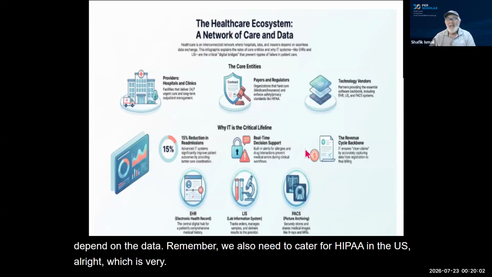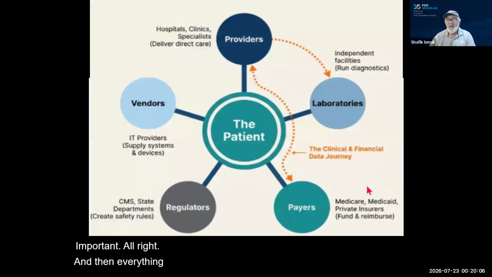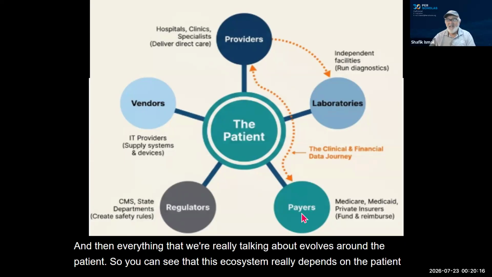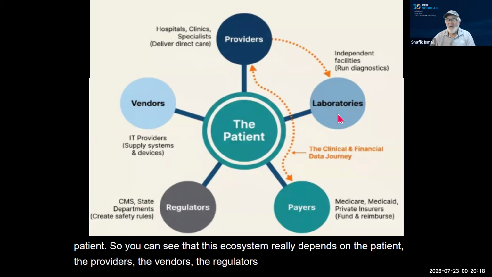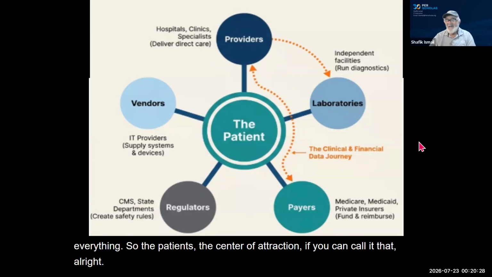And then everything that we're really talking about revolves around the patient. So you can see that this ecosystem really depends on the patient: the providers, the vendors, the regulators, the payers, the laboratories, everything. So the patient is the center of attraction, if you can call it that.